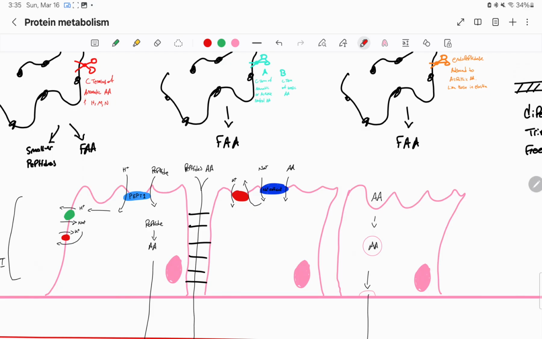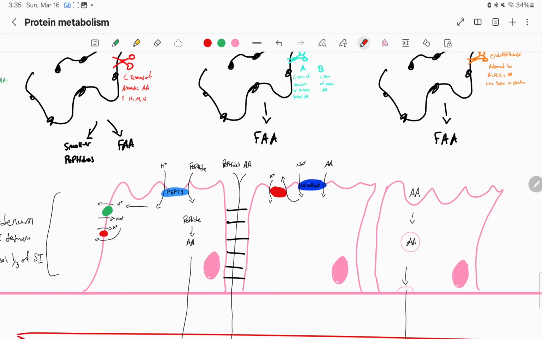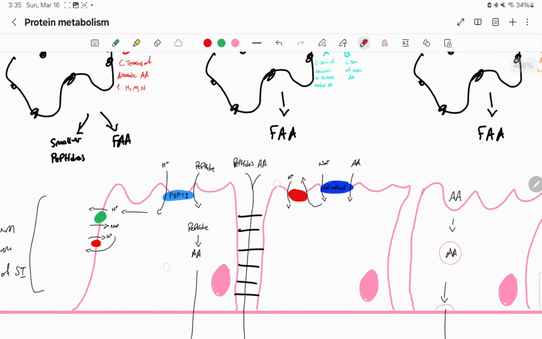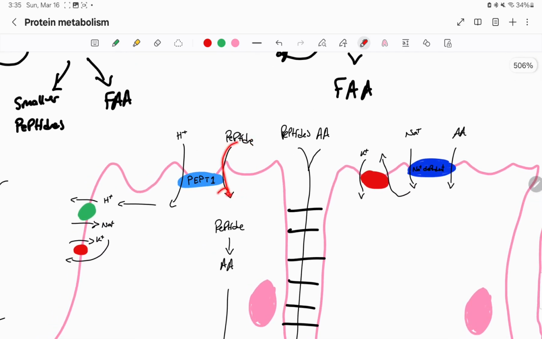Okay. So, for example, peptides usually use a PepT1 system, or the peptide transporter 1 system, where this peptide will come in only when this proton or hydrogen ion comes in with it, okay? So this is a symporter mechanism.